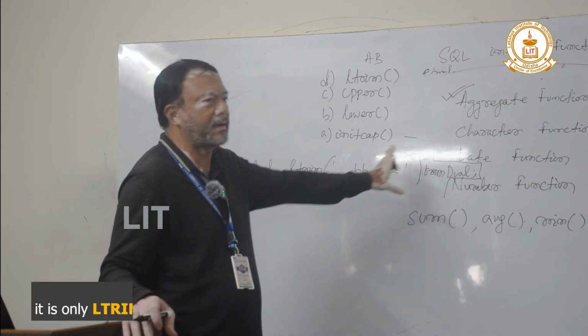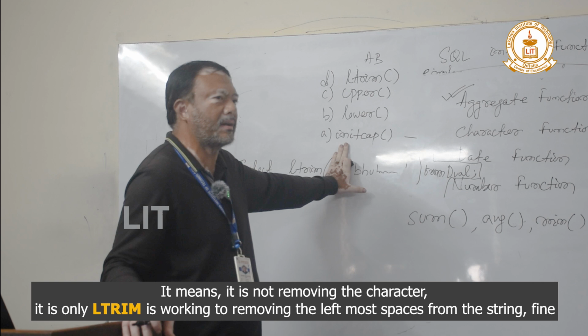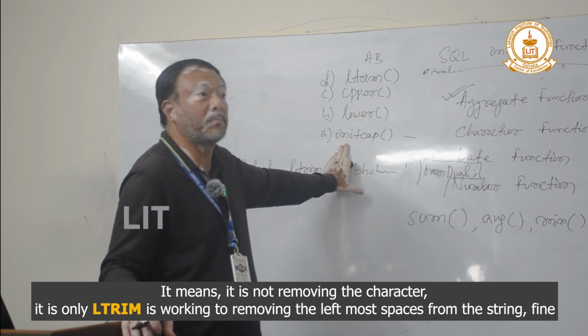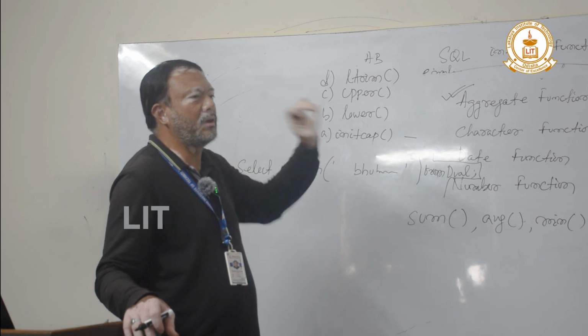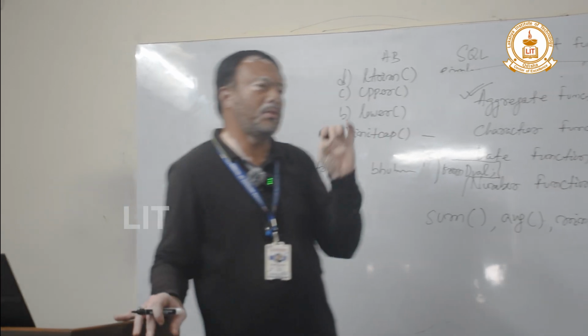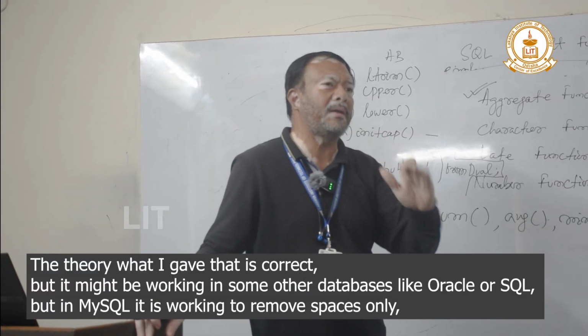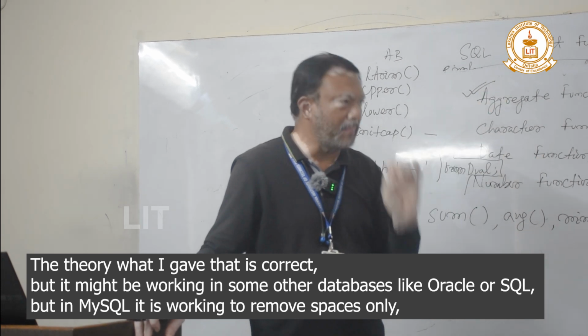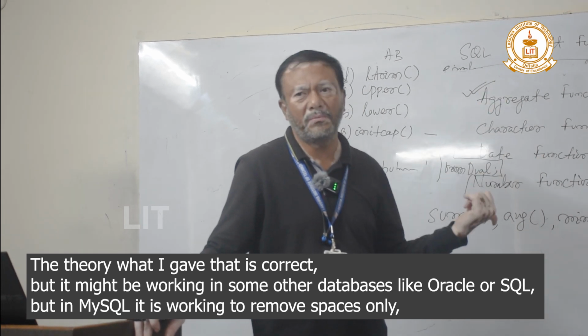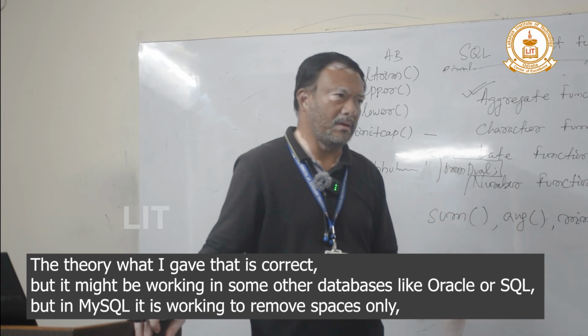It is not removing the character; LTRIM in MySQL only removes the leftmost spaces from the string. The theory I gave is correct, but it might work that way in other databases like Oracle or SQL. But in MySQL it removes leftmost spaces only.